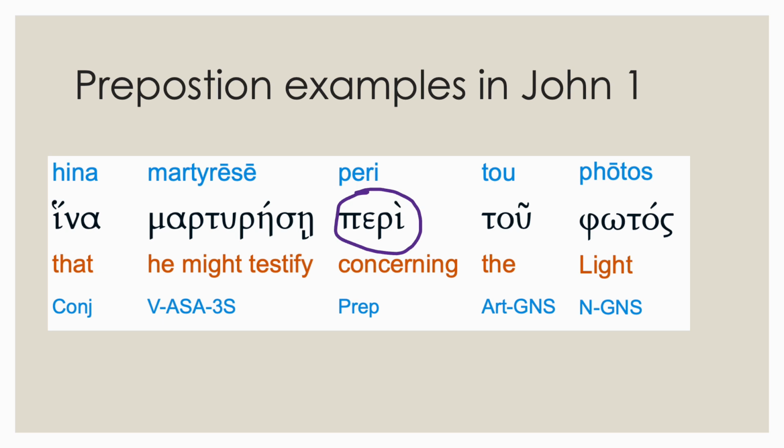Then you've got tou, because it's associative, it's in the genitive, and photos, the word for light, is a third declension noun. Check out the video on third declension nouns if you want to find out more about that. So it ends with the tos, normally tos or os sound, Omicron Sigma sound, is going to be a nominative, but if it's a third declension noun, then we know that's genitive. And this text from the Bible Hub shows N-GNS, which means noun, genitive, neuter, singular.